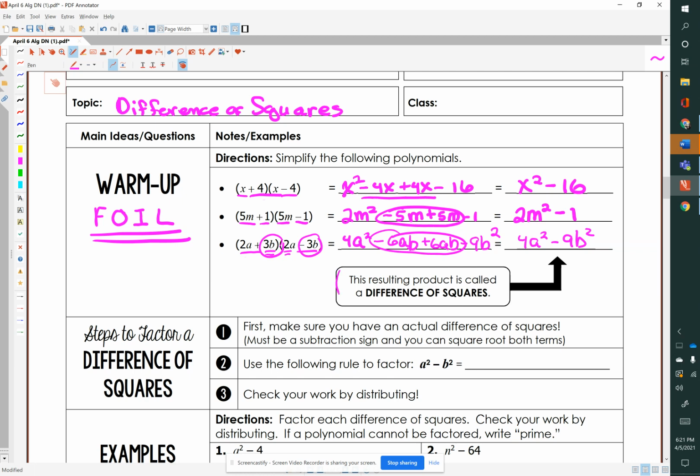Now, in all of these cases, the resulting difference of these polynomials, these binomials, is called a difference of squares. So when we multiplied x plus 4 by x minus 4, we ended up with a difference of squares.